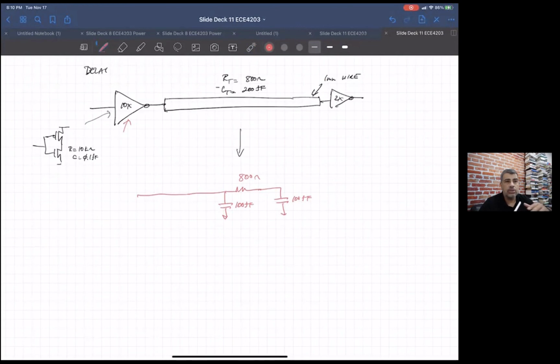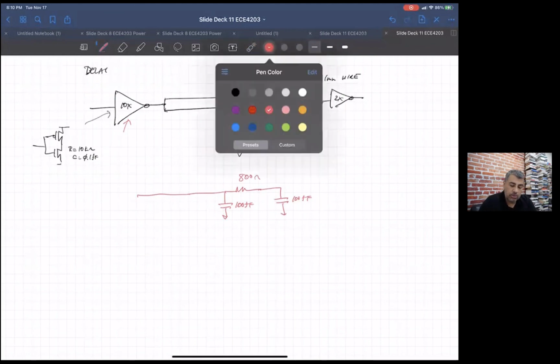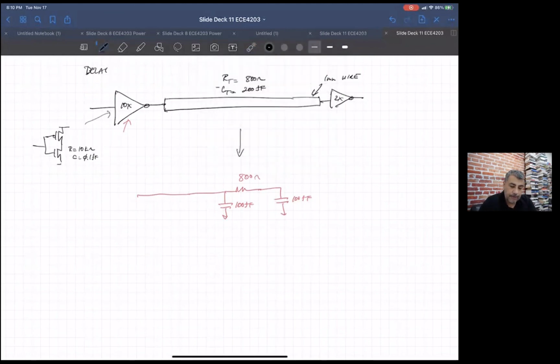So you only need to look at the pull down or the pull up resistance. If you just had this NMOSFET pulling down, what would the resistance be? It would be 1K, right? Yes, it's 10 times as wide, so basically you've got a 1 kilo ohm resistor.